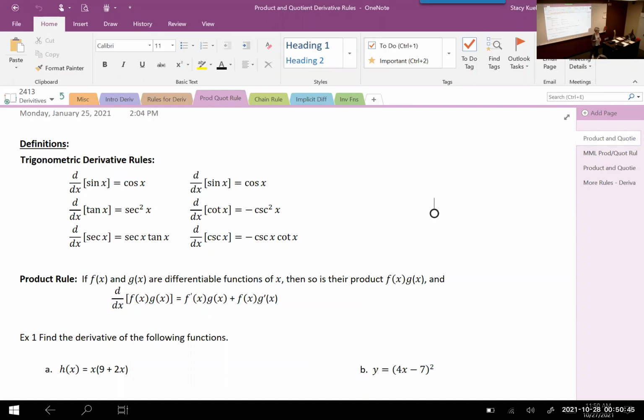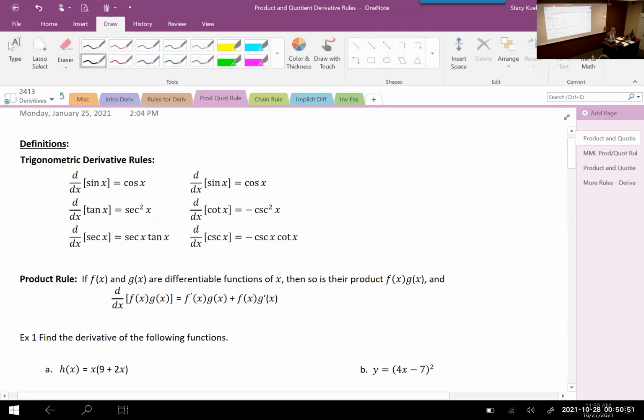The derivative of cosine is negative sine. So the derivative of sine is cosine, the derivative of cosine is negative sine.